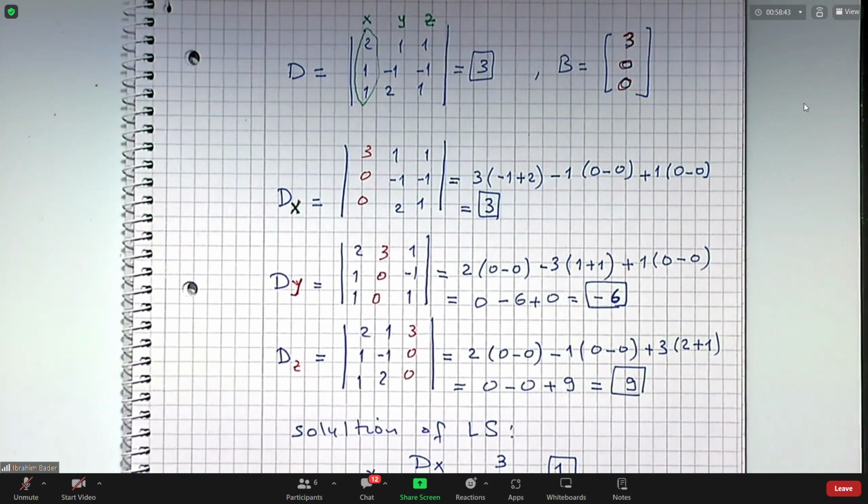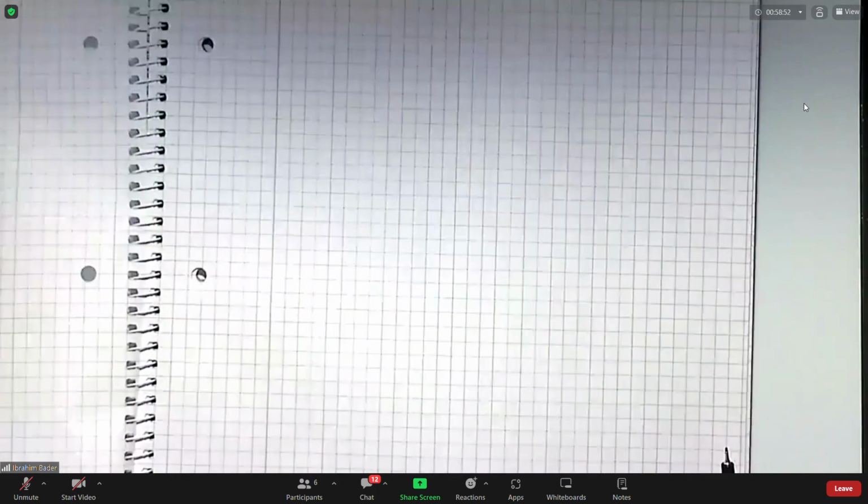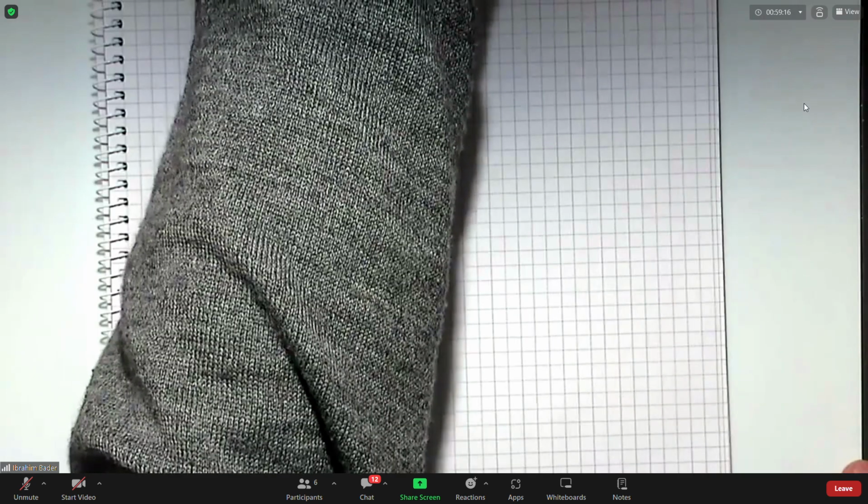Okay, now we will continue with determinants. Here maybe two remarks. I don't know what's wrong this week, but many students are not joining. What's going on today?